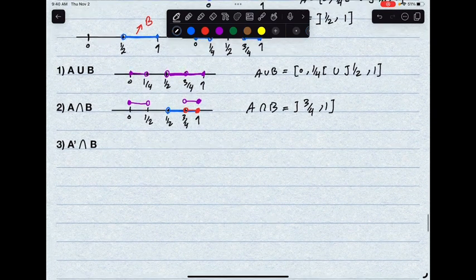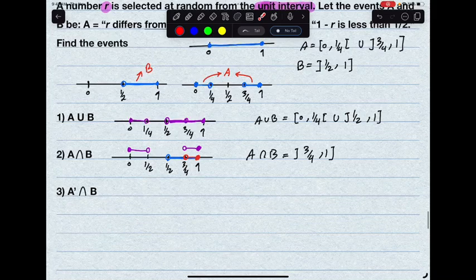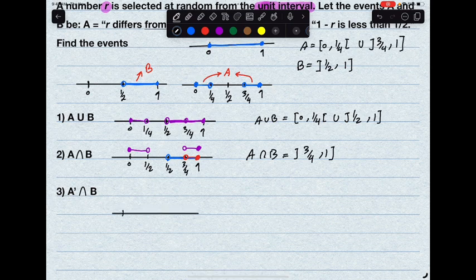What about the last part? For the last part we're going to find A complement intersection B. We need to find A complement first and then intersect that with B. So what is A complement? On the interval from 0 to 1, here is 1 over 4, 1 over 2, 3 over 4.